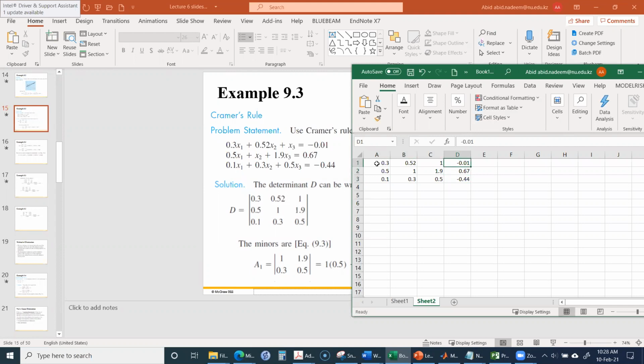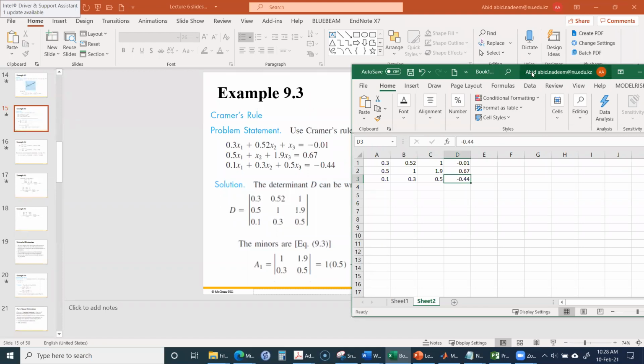In this way I have represented the equations: 0.3, 0.52, 1, minus 0.01, and 0.5, 1, 1.9, 0.67, and then 0.1, 0.3, 0.5, minus 0.44.